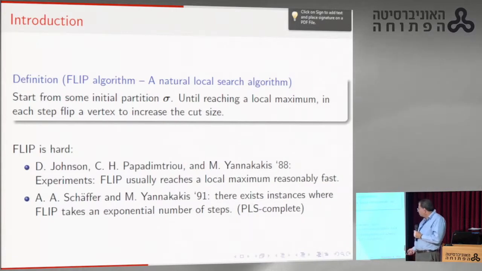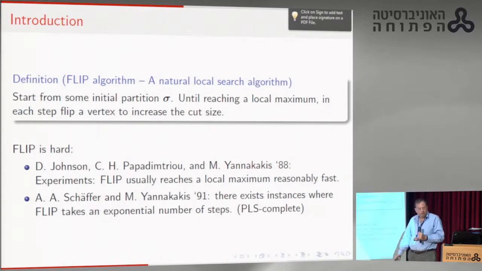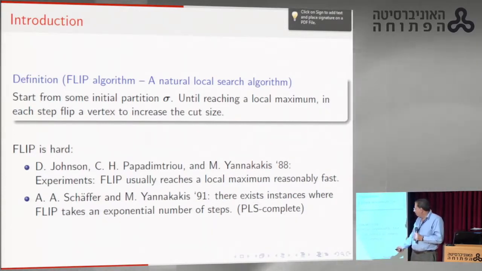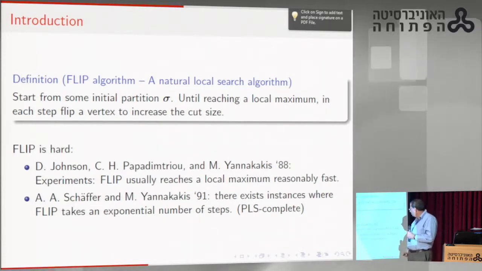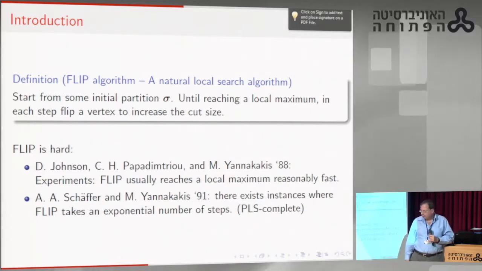Now here's this surprising thing. On the one hand, there are experiments that represent what happens usually in the real world. This works very quickly. I'll come back to that. On the other hand, there are instances where it takes an exponential number of steps, and indeed this problem is what's called PLS-complete, so it's complete in the class of local search.